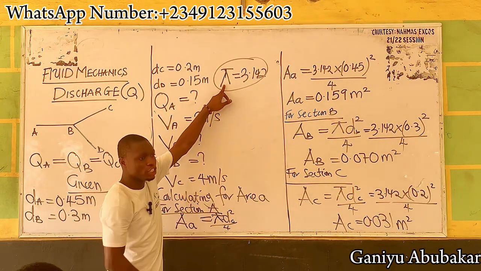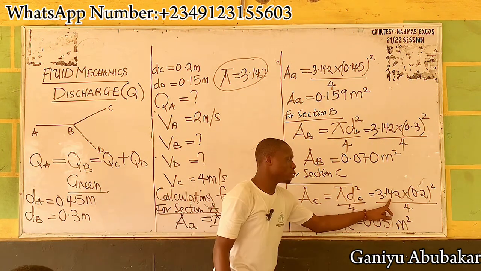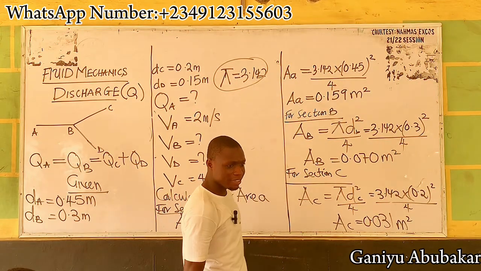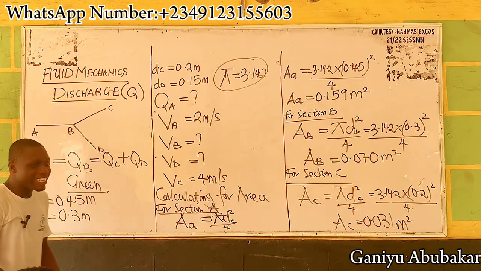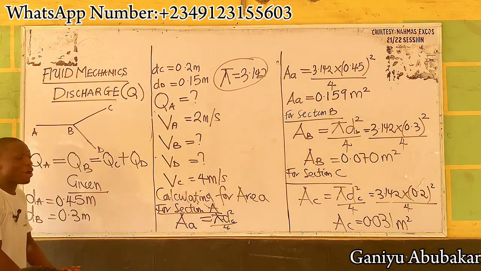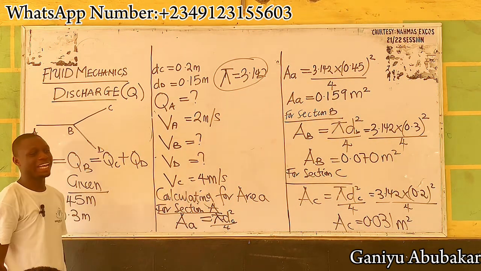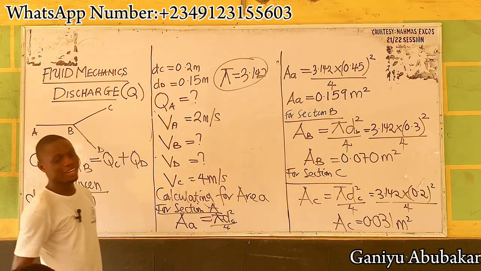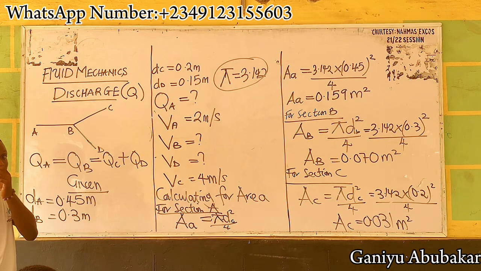It's 3.142, it does not change, that's why we have it as this value here. If you go step by step, that's where you earn more marks.